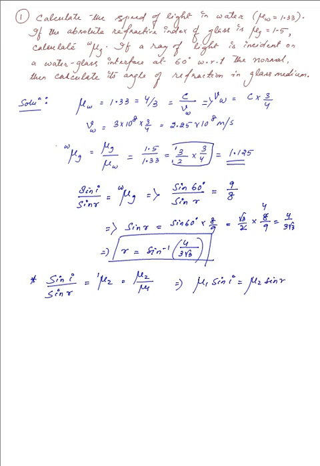This is popularly Snell's law that we come across in refraction. So Snell's law states that the sine of the angle of incidence to the sine of the angle of refraction bears a constant ratio, which is equal to the refractive index, and that is equal to the ratio of the absolute refractive index of the second with respect to the absolute refractive index of the first.